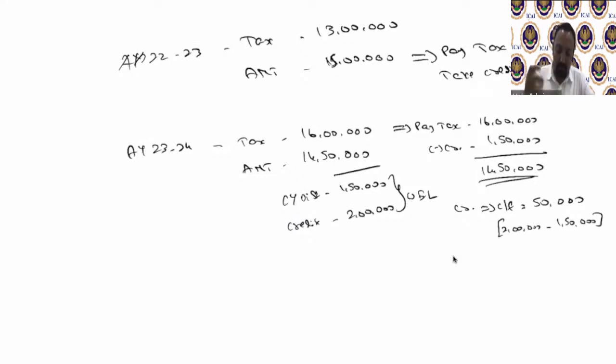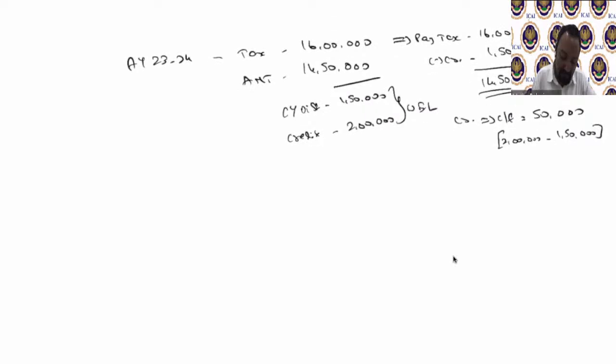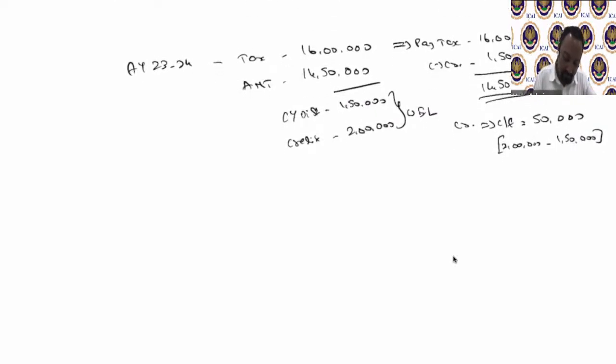This is what will be carried forward. So next year you will carry forward 50,000, and whenever required, you will use it. I guess I've explained the other case in the earlier example. So that's the answer for your question.